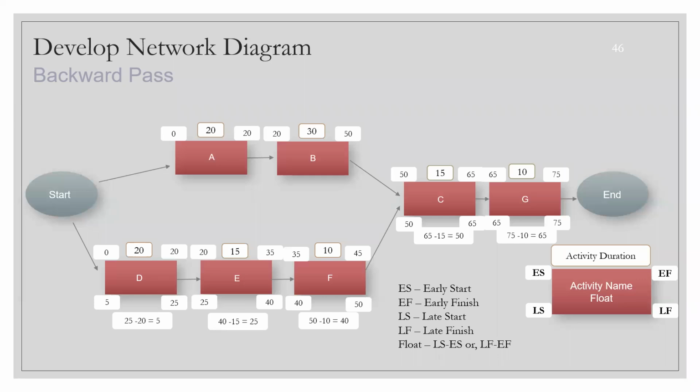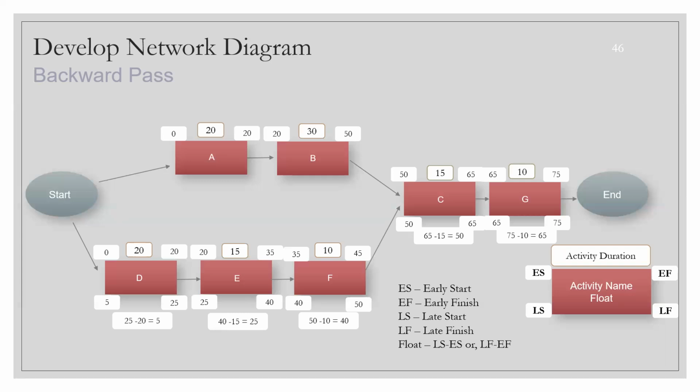Gold plating or padding means that you are keeping unnecessarily too many buffers or too much extra cost or contingency there. We will keep minimum, but that minimum buffer has to be there. That is the benefit. So for activities which have external dependencies, you definitely have to keep a little bit of buffer, and any smart project manager will be doing that, right?